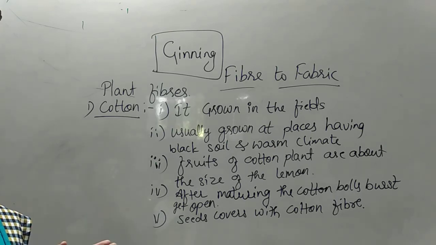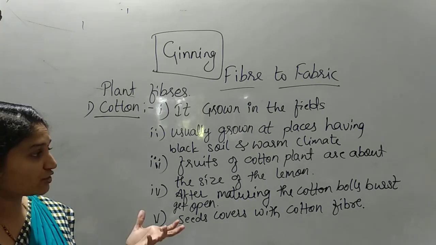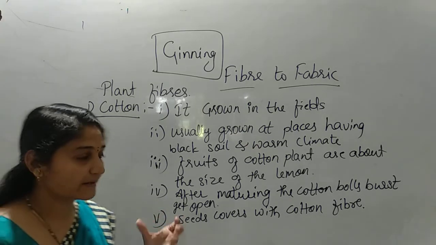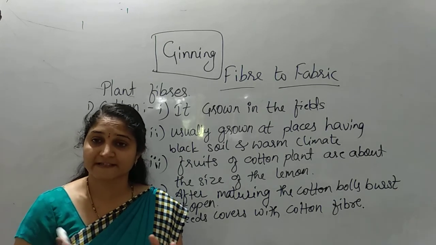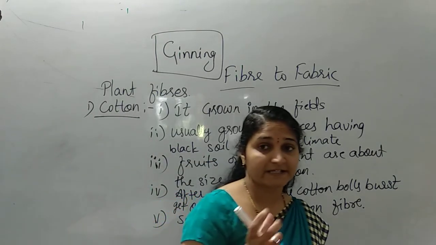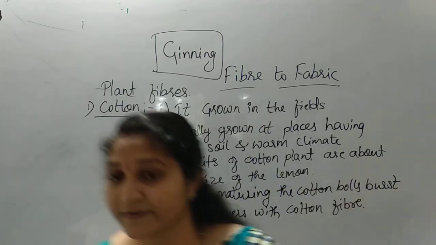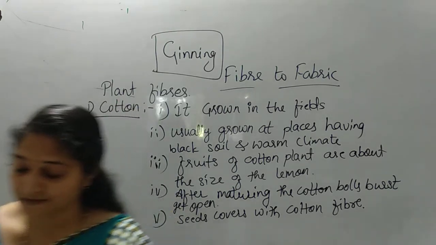On that basis we get the fruit, and once the fruit matures, it bursts open. The cotton fiber will open. You might have seen that. Once the fruit bursts, the whole field is going to look like a snowfall.